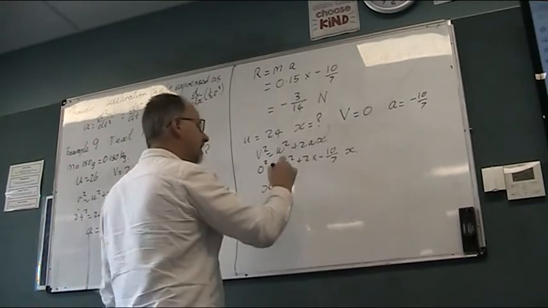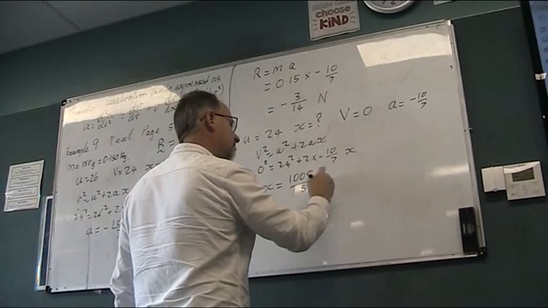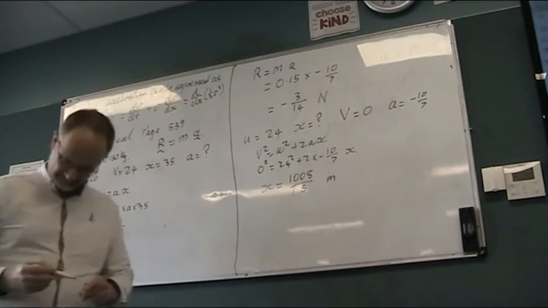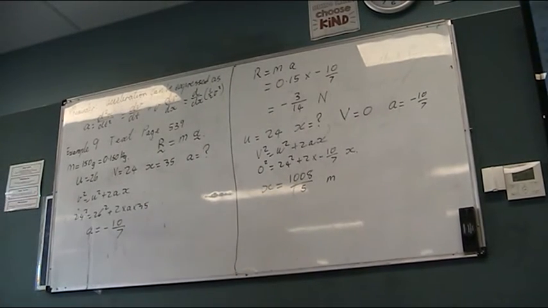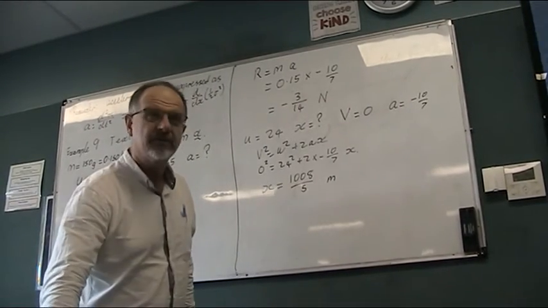And apparently that's 1,008 over 5 metres, about 200 metres, I guess, because 5 goes into 1,008 200 times and a bit. Anything else about that question?